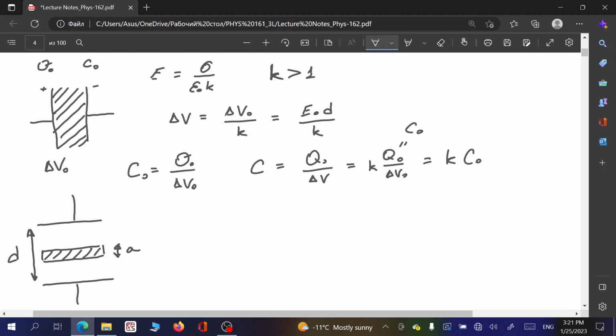So if we now charge this capacitor, we polarize the dielectric layer, and now we can consider this system as two capacitors connected in series. So that will be something like this.